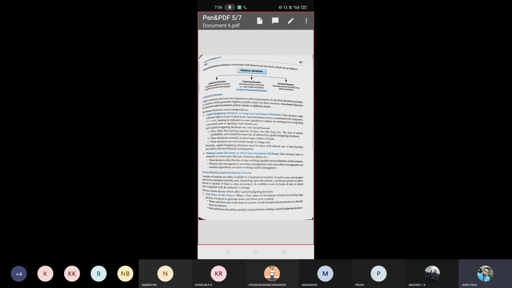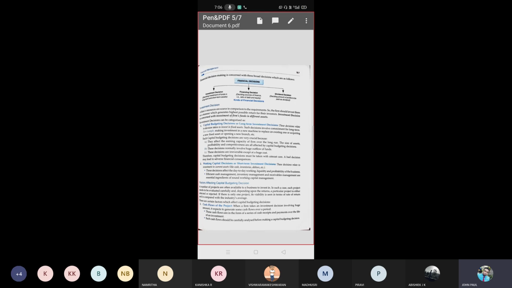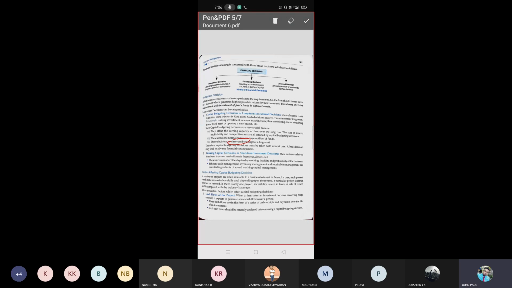Next, these decisions are irreversible except at a huge cost. What do you mean by irreversible? What we have done is done, right? It is not like writing in pencil, where we can erase and correct it. But in capital budgeting, once we have done it, that's it.